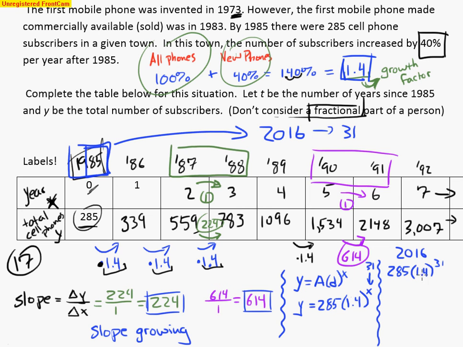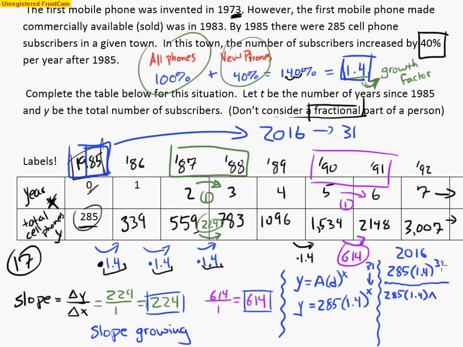You can use a calculator or you can use a computer to do this. If you're using a computer, you have to use the caret button. I'll show you exactly what you're going to write into your computer. You will put in 285, then some parentheses, 1.4, and then you have to use this up arrow, it's on the top of the 6.